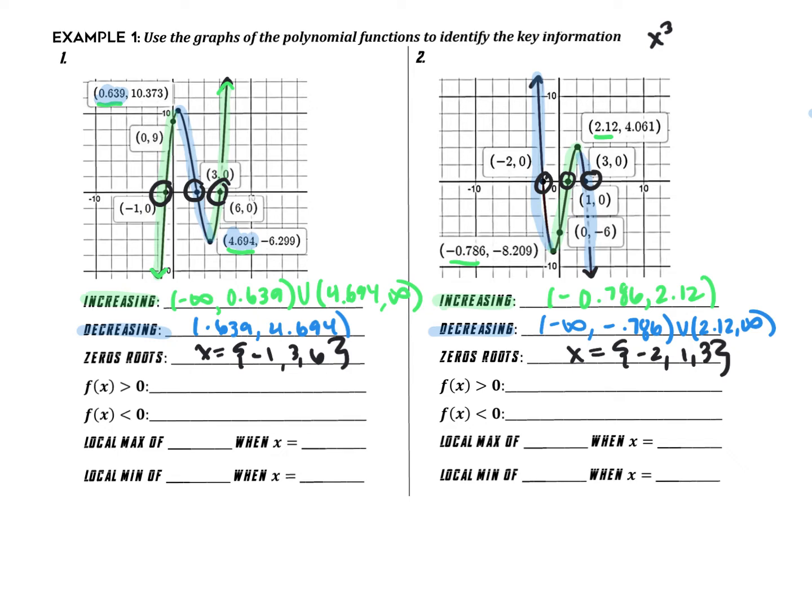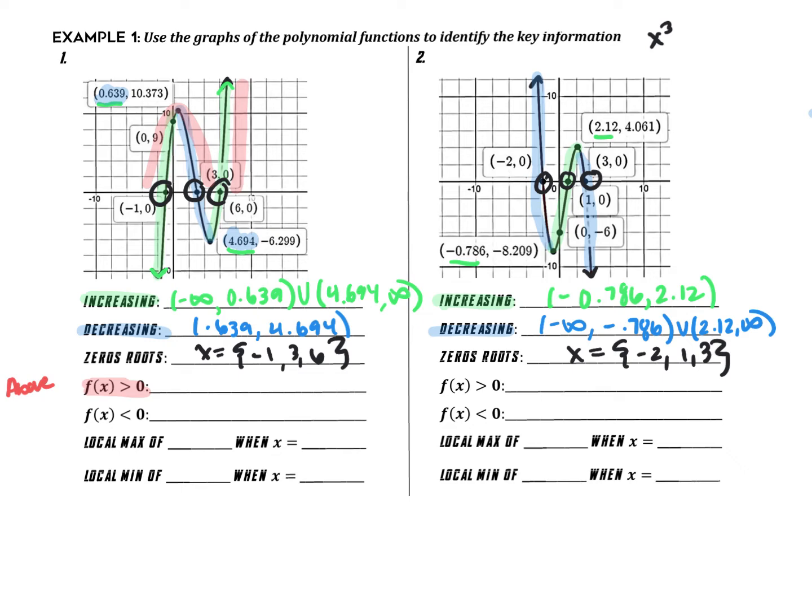Okay, the next 2 are review, but I know that they have confused some people in the past. F of x greater than 0 is asking when is your function above the x-axis. So just like with increasing and decreasing, we're going to talk about intervals and we're going to talk about x values. So I want to talk about everywhere that my graph is above the x-axis. So that's happening in those 2 places.